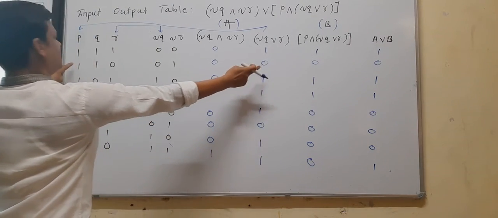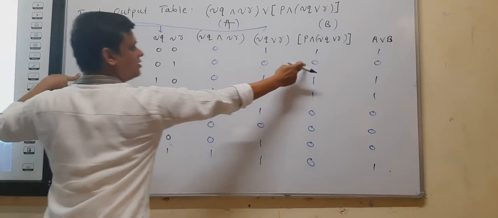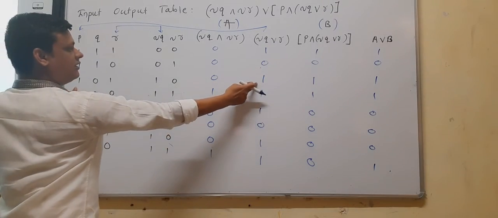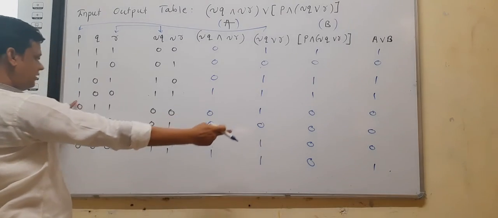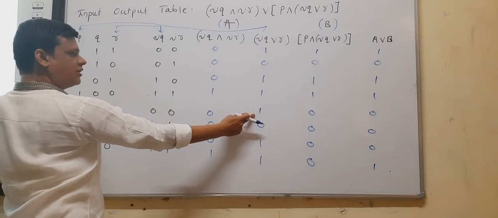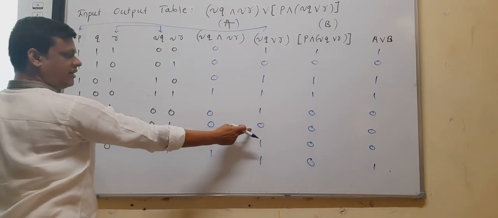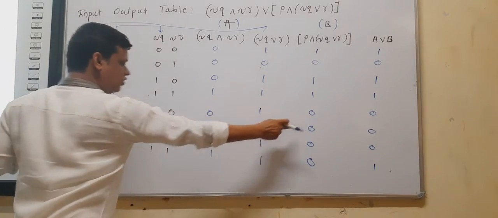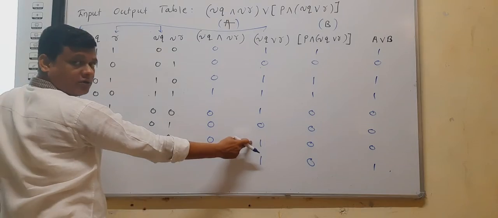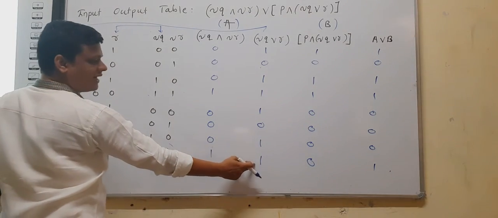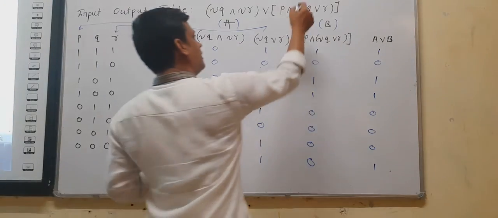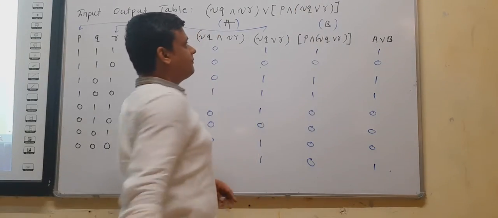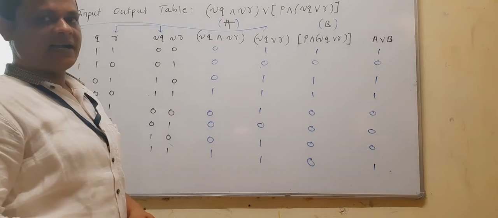Not both 1, so 0. Both 1, so 1. Both 1, so 1. Then the remaining four are not both 1, so we write 0, 0, 0, 0. These are the entries for the P and negation Q or R statement.